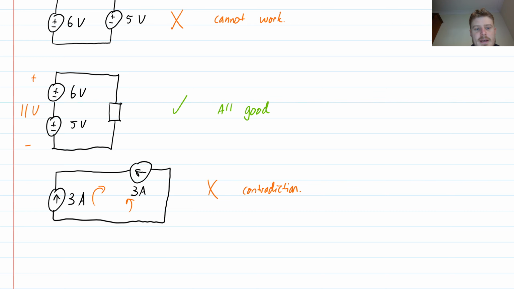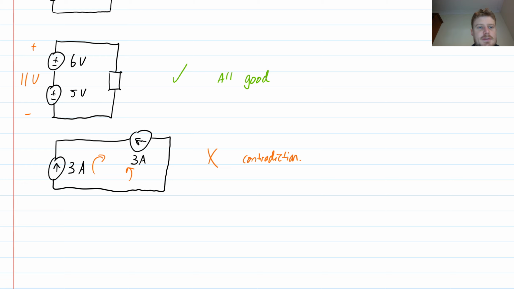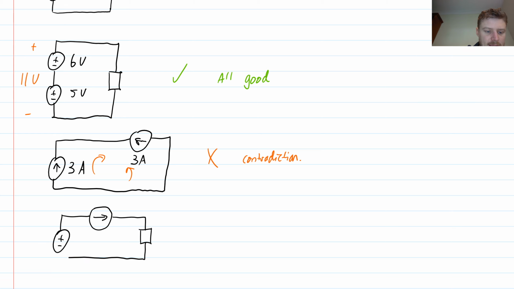Now, there are other combinations of voltage and current sources which are actually okay. So for instance, if I have, say, a voltage source and a current source connected together in series, we call this in series when they're connected like this, kind of head to tail. This one is okay, because there will be a particular voltage.